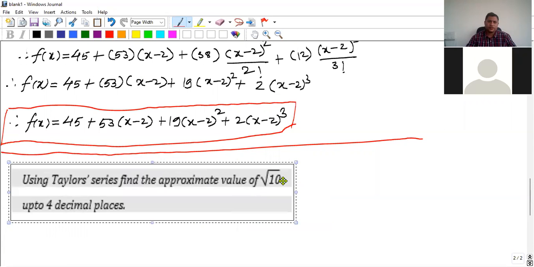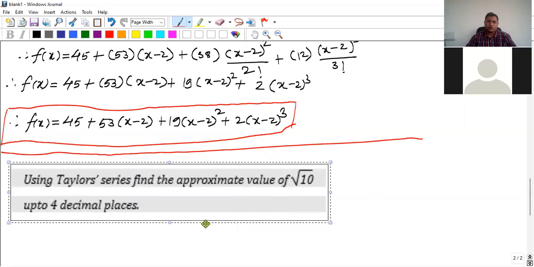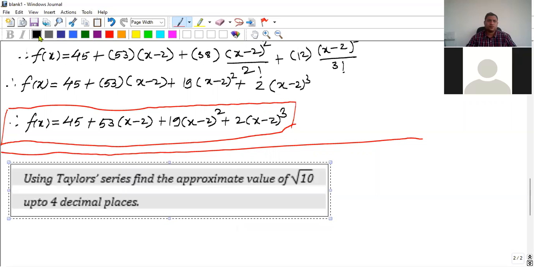Let us see this example. I hope you are able to read this. Yes, sir. Okay.